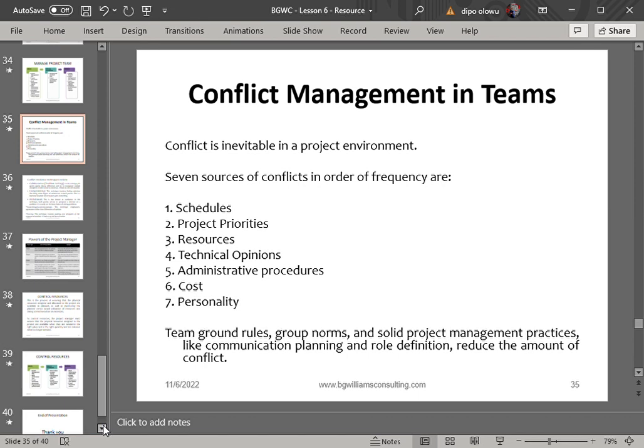So managing conflicts in your project can be positive or negative. Take note, not all conflicts are bad. Some conflicts that occur in the project bring a better understanding, better productivity, or a better way of doing things.